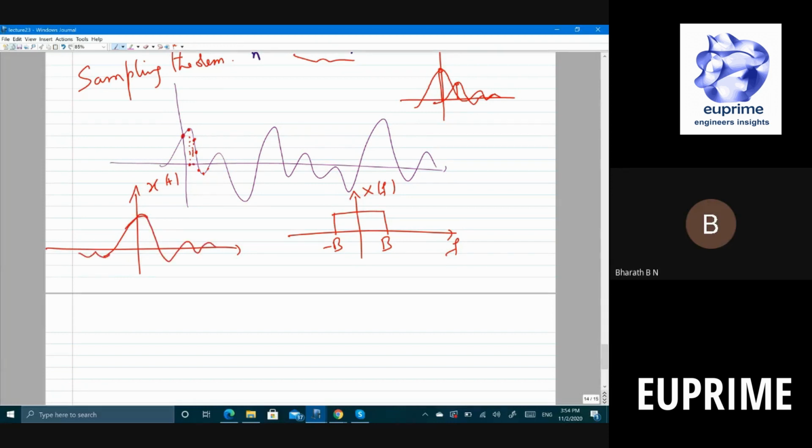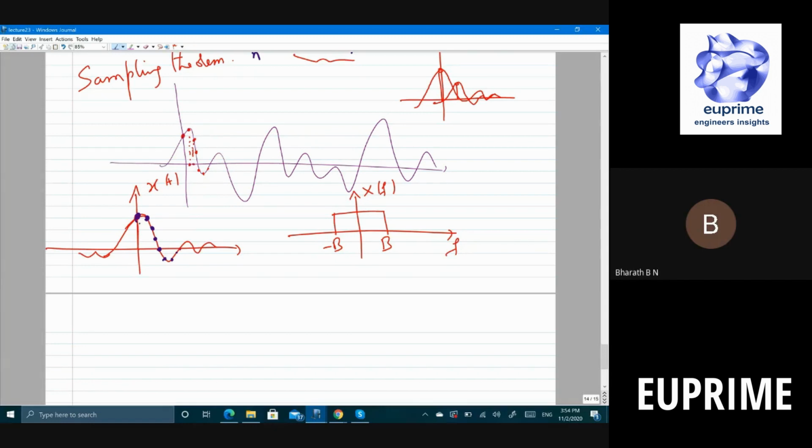Now if I want to write x of t, I can write it using these samples. I'll take these samples sufficiently far apart. The width would be 1 by 2 times the bandwidth.